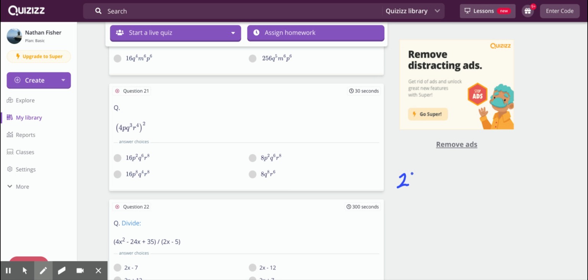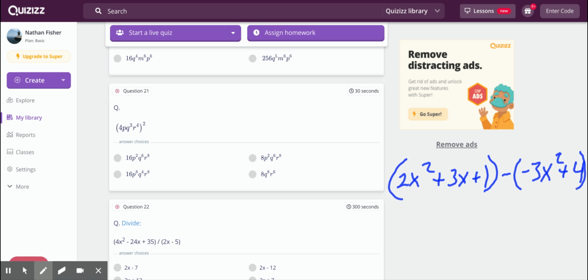So let's say 2x squared plus 3x plus 1, and then in parentheses, minus or plus, it works pretty much the same way, negative 3x squared plus 4. How would we break that down?